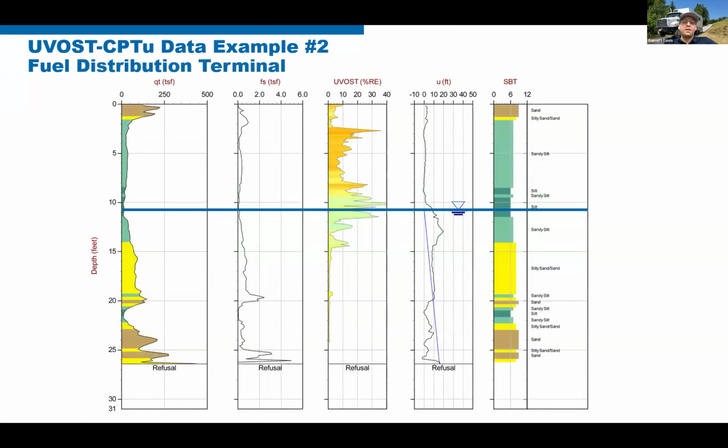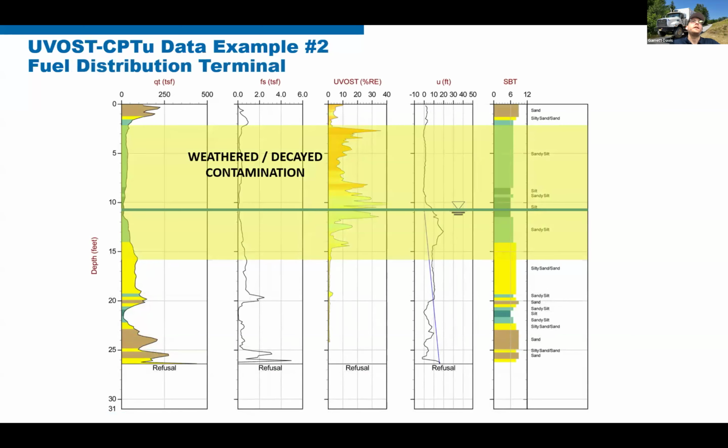Here's another plot here where we've pushed UVOS CPT. We've got the water table here shown, and we've got what looks to be some weathered or decayed contamination that's had time to dry out in the not fully saturated part of this profile. And then below it, we've got another similar response that we were able to determine is gasoline.